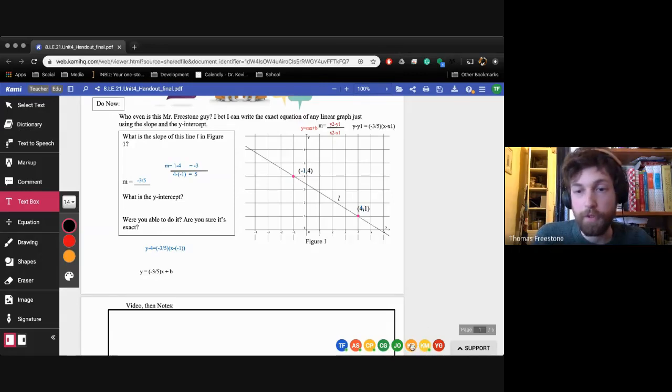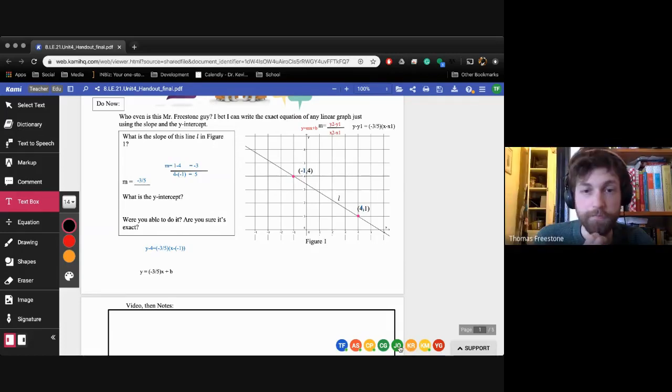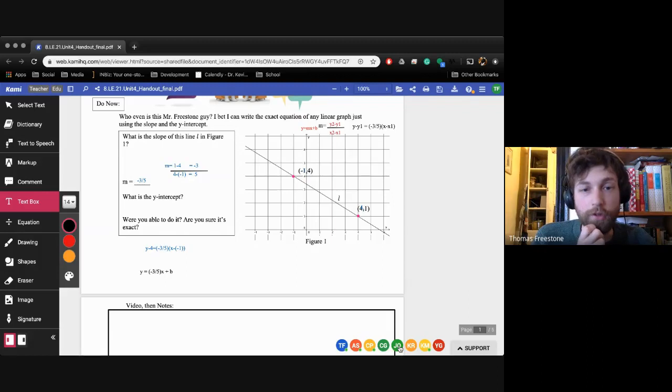Let's see. Maybe we can call in someone else. Let's have Charlize. All right. So Charlize, if you would make a text box over here to the right of these two equations, you're starting from Ashley's equation, y minus 4 equals the slope 3/5 multiplied by x minus -1.